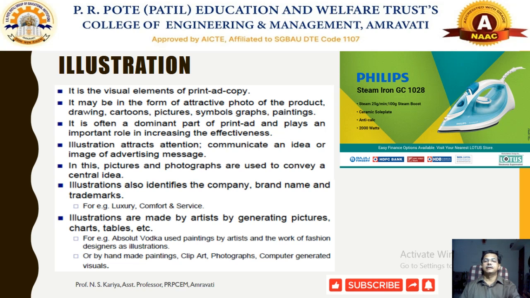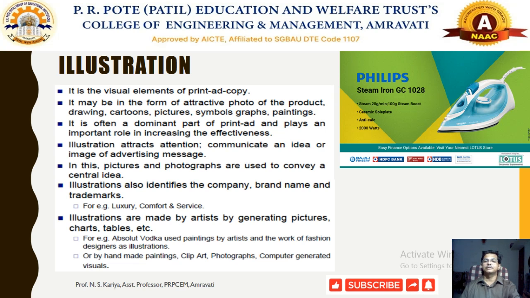Illustrations are generally called a dominant part of the print advertisement. In almost all print advertisements, illustrations are very common. Any pictures or visuals that you see in the print advertisement are part of illustrations.